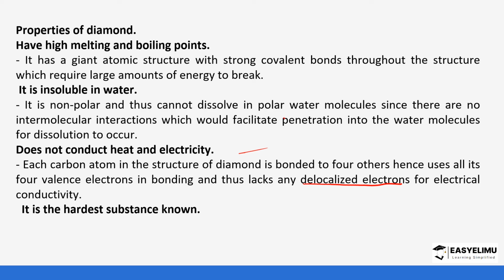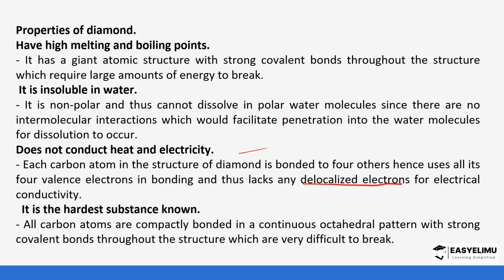Diamond is also known as one of the hardest substances known. We said it's hard because the atoms are compacted, arranged in a continuous octahedral pattern with covalent bonds throughout the structure, which is very hard to break.